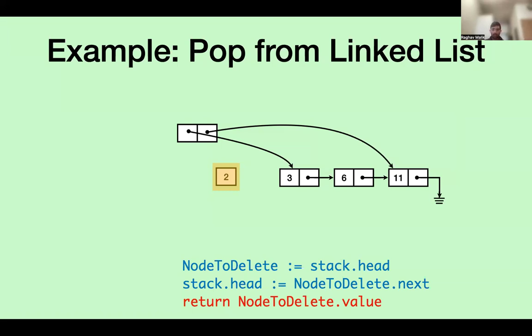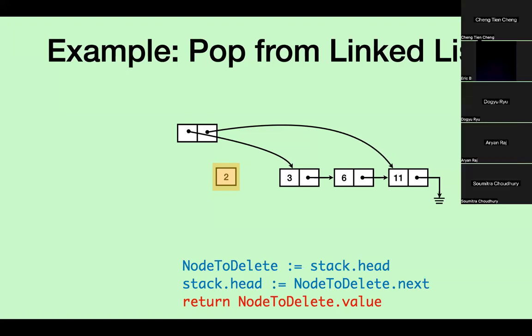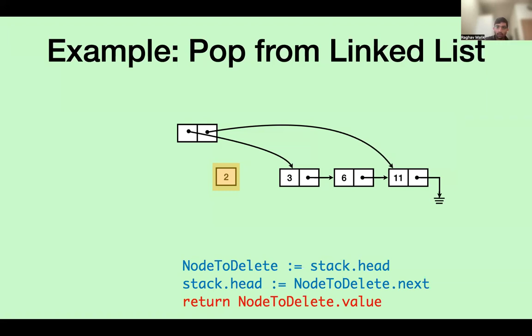And again, feel free to type in the chat if you have questions, or just unmute yourself and interrupt me and ask them, because sometimes I can't see the chat. For example, right now, I don't know how to bring it up. So if there are questions I'm missing in the chat, please just yell at me. Yeah, all right, cool. So if there are no questions, we will move on to the array example.